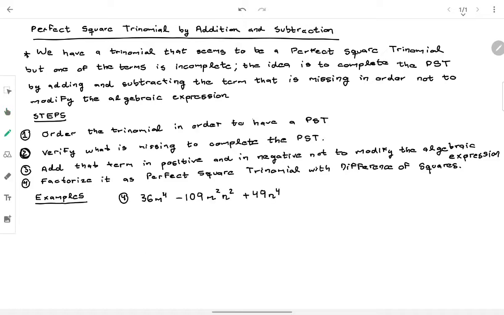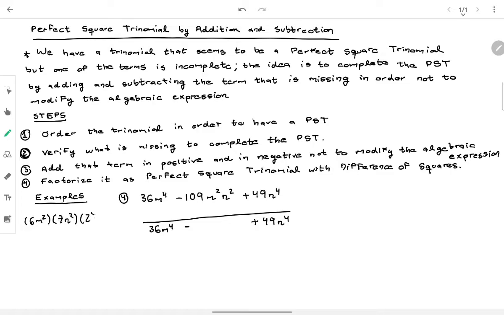So in this example, we have big numbers: 36, 49, 109. So maybe it's kind of difficult to imagine which is the number we need on the middle term. So let's see how to do it. Maybe we can put here the first term, 36 m to the 4. I know that this one is going to be negative, plus 49 n to the 4. And let's check out what we need. From the first square root, it's going to be 6m squared. From the second square root, it's going to be 7n squared.